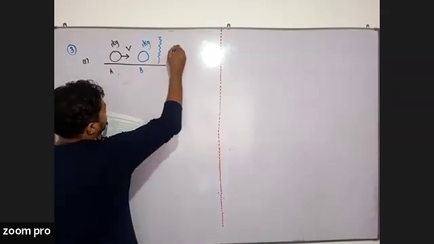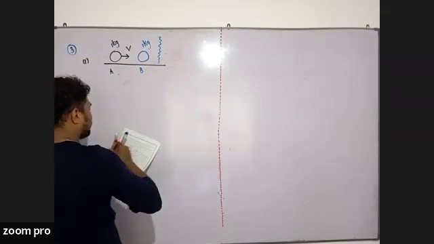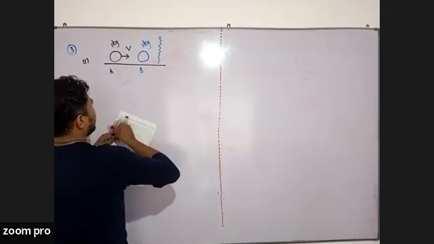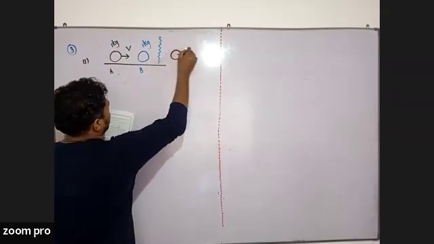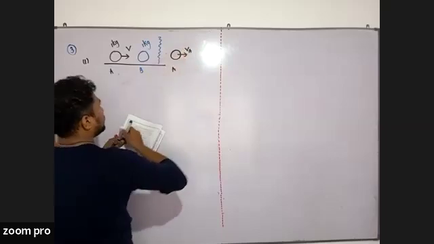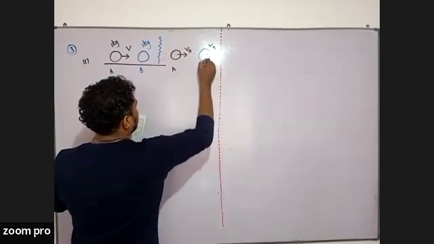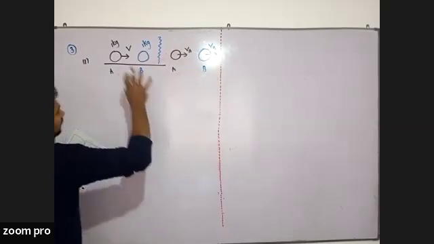After the collision, let's assume the velocity of trolley A is VA and the velocity of trolley B is VB.